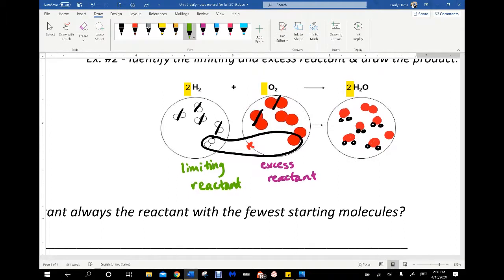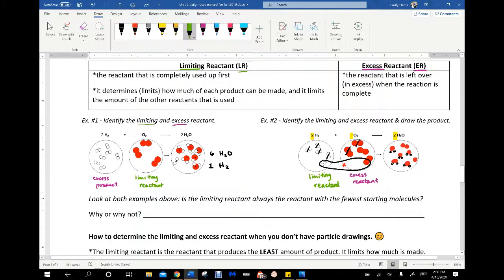Now, real quick, before we go to the calculation part, I want to ask you a key question that students often have. It says to look at both examples above. Is the limiting reactant always the reactant with the fewest starting molecules?